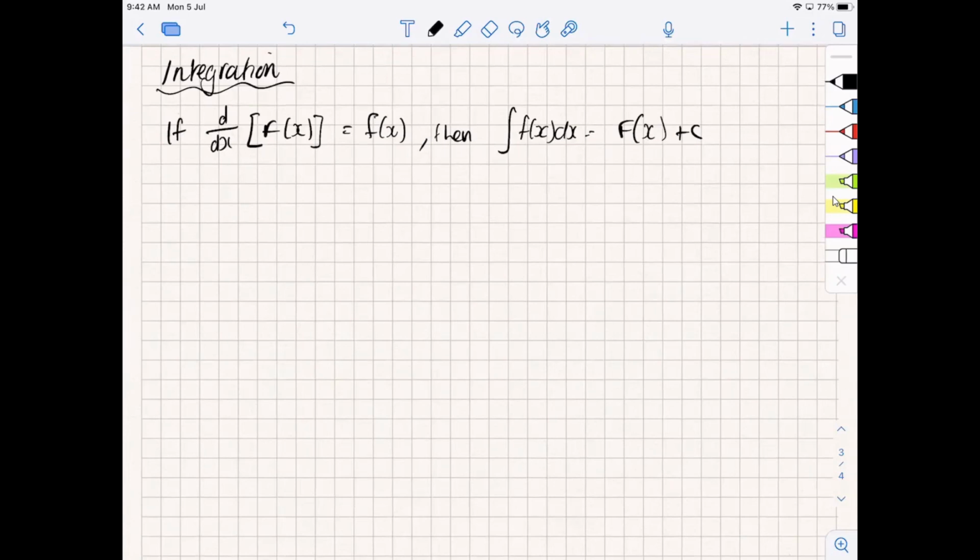Right, and then we learned a very important thing for definite integration.